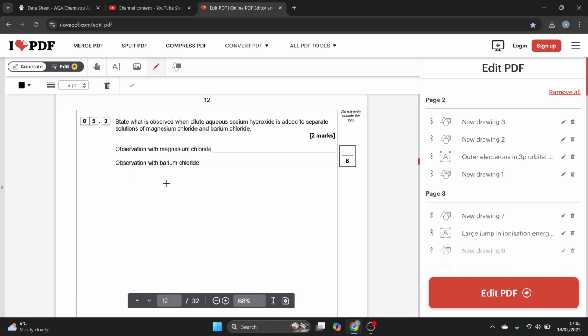Question 5.3. State what was observed when dilute aqueous sodium hydroxide was added to separate solutions of magnesium chloride and barium chloride.